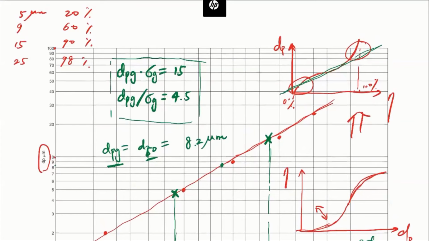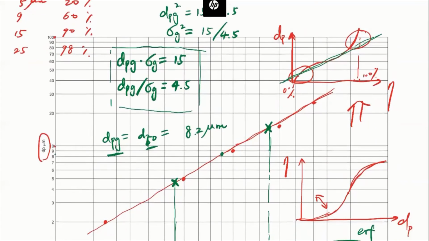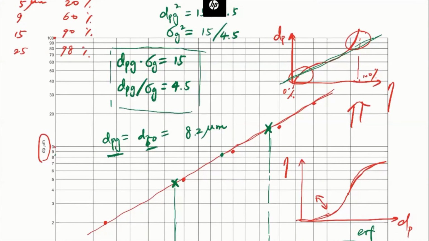Then we can solve for dpg if we multiply these two equations together. So dpg squared is going to be equal to 15 multiplied by 4.5. And sigma g is just these two equations divided by each other, 15 divided by 4.5. By using this plot, we can solve for these parameters. You may wonder, does this number match with this number? We have to do the calculation.